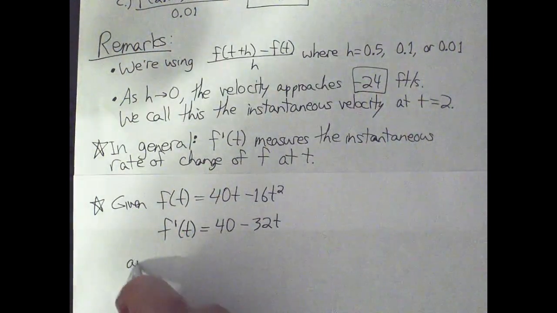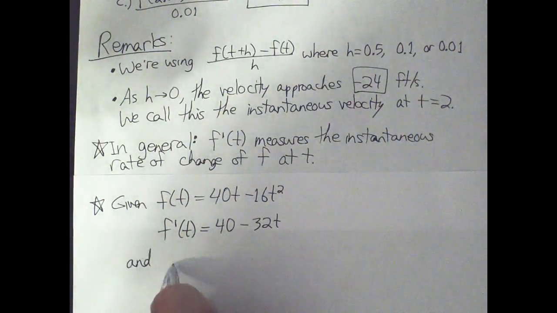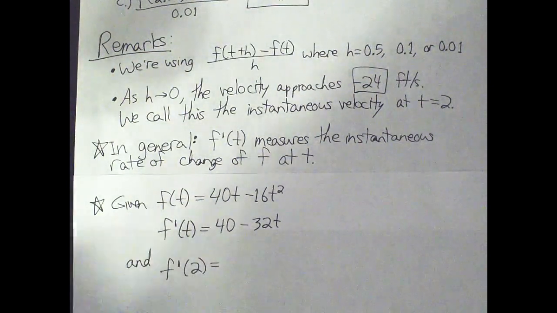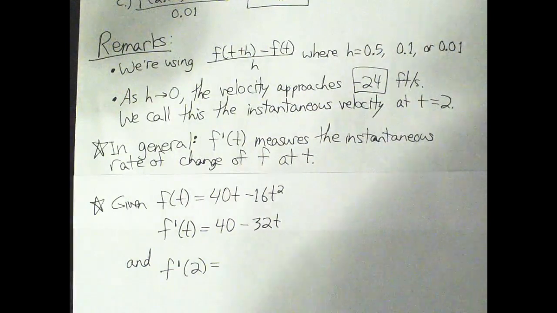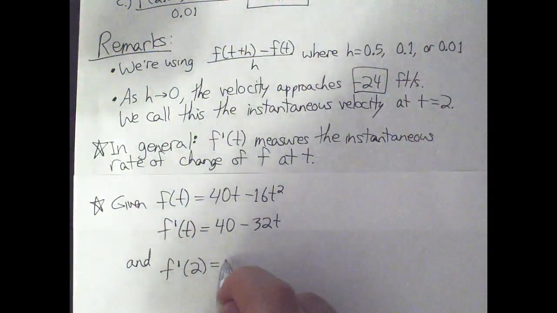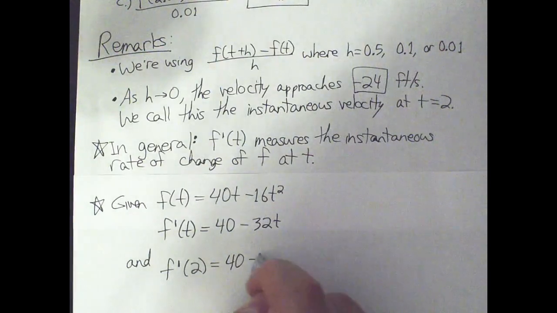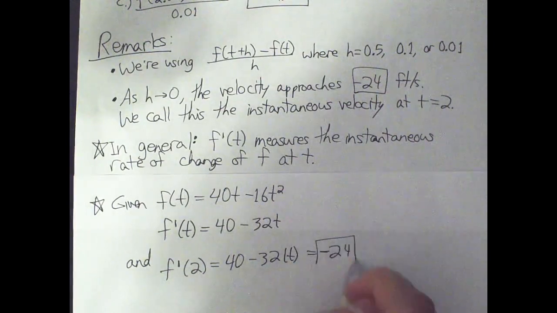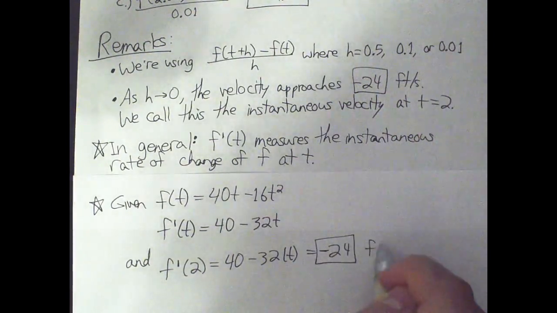And what does this have to do with the answer that we got above? If I find f prime of 2, because that was the t value we were interested in, put in 2, and you get 40 minus 32 times 2, and you get negative 24. That's how I got the negative 24 that I wrote up above.